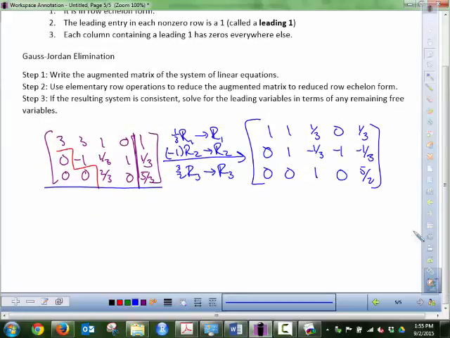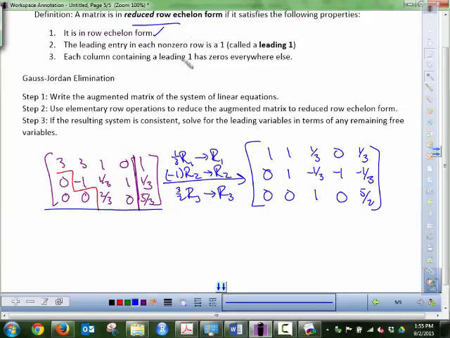Are we in reduced row echelon form? So it's in row echelon form. The leading entries look like they're 1. Oh, each column containing a leading entry has zeros everywhere else. I want this to be 0. I want this and this to be 0. Okay?